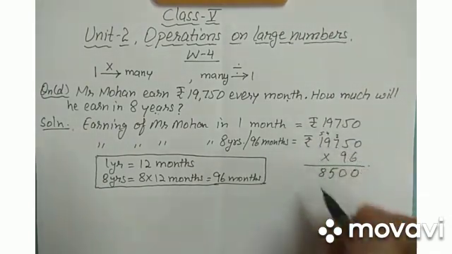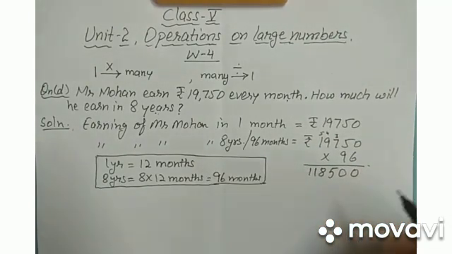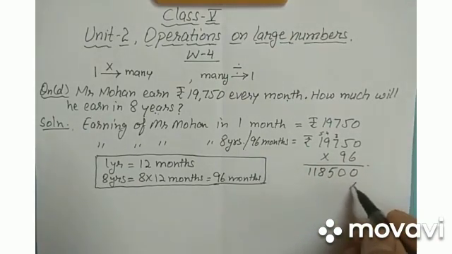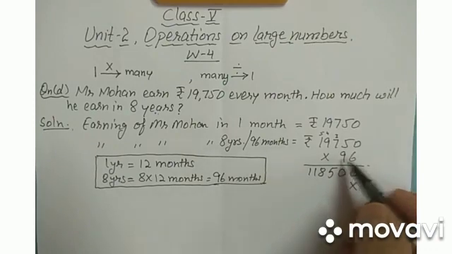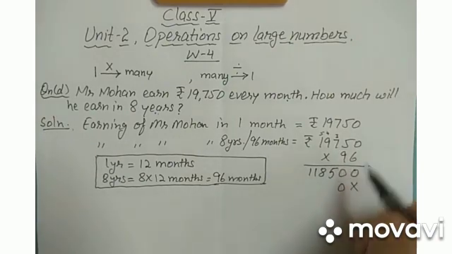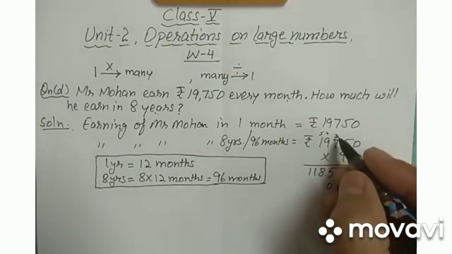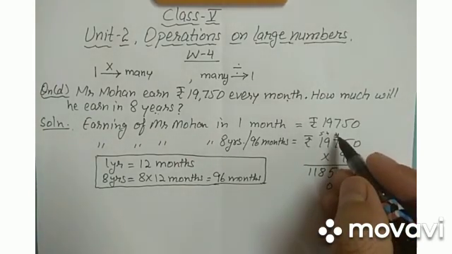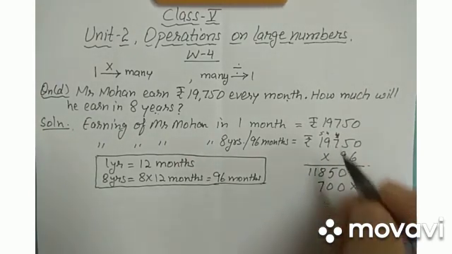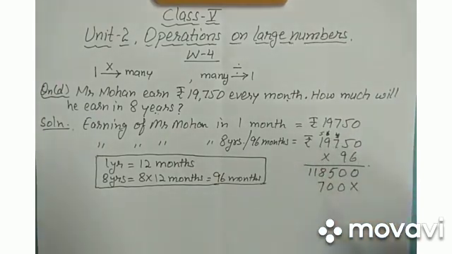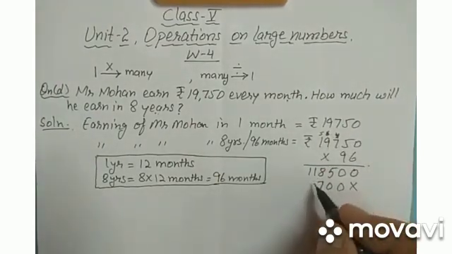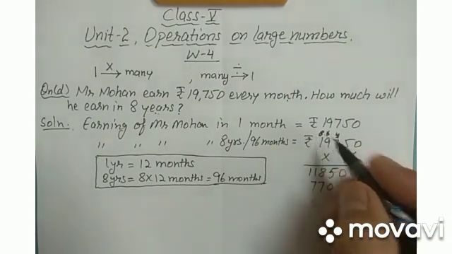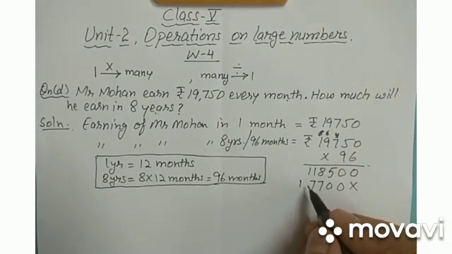Now 6 ones are 6, plus 5 is 11. Then move to the tens place. We will put a cross at the ones place. So 9 zeros are 0, 9 fives are 45, 5 and carry over 4. 9 sevens are 63, plus 4 is 67. 9 nines are 81, plus 6 is 87. And 9 ones are 9, plus 8 is 17.